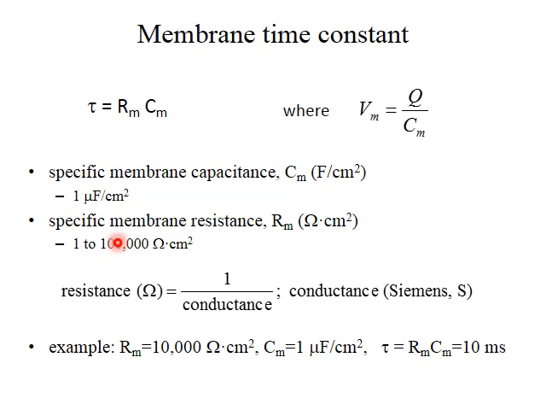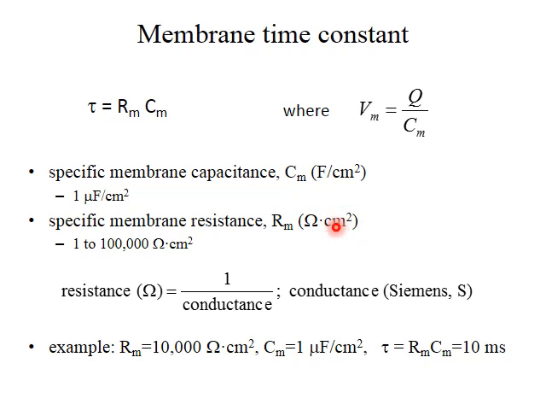The same is not true of the membrane resistance. The resistance, as we've discussed, depends on how many ion channels are open. The units of resistance are ohms, and again, it's useful to define a specific membrane resistance, which is the resistance of the membrane per unit area. The resistance is given in units of ohms centimeters squared.